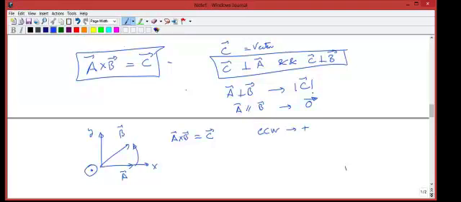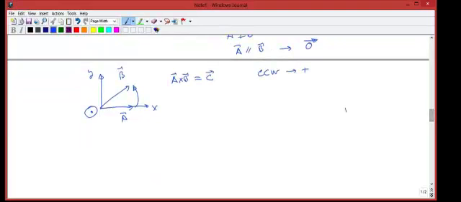Okay? Several ways of calculating the cross product. I'm going to start with the first one, which I strongly suggest you never use. Why? Because A cross B is defined as vector C, which is also defined as AB sin alpha. Remember, the dot product was AB cosine alpha.